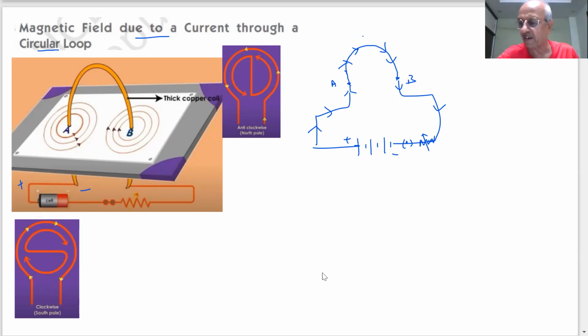You put your right hand thumb in the direction of the current, then the fingers curl this way. That is the direction of the magnetic field lines. If you use a compass needle, you can check it, or if you have iron powder, it will arrange in a definite concentric circle pattern.